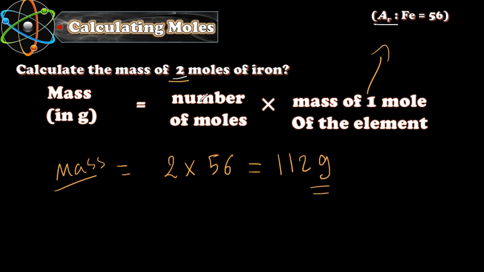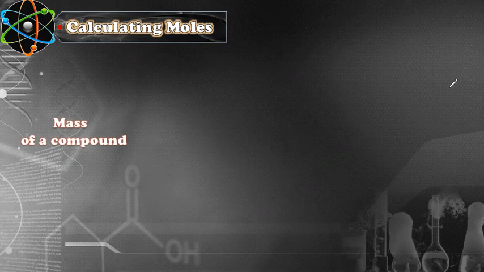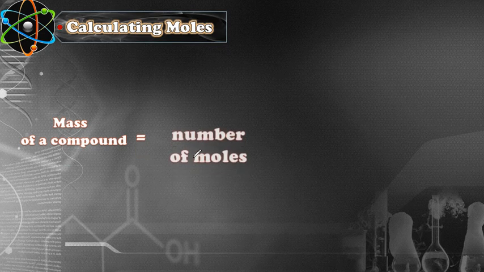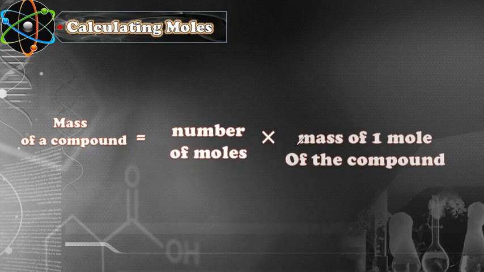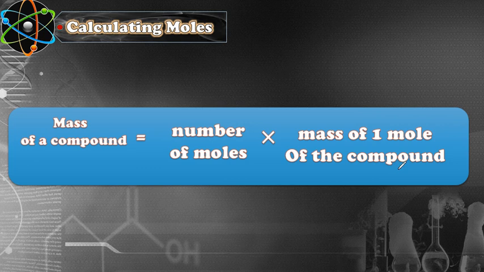If you have a problem like this, if you write the rule, you have 1 mark. If you apply it, you have 1. If you write the unit and the final answer correctly, you have 1 mark. So here this was an element, but if you have a compound like this one, the mass of a compound equals the number of moles times mass of 1 mole of the compound.